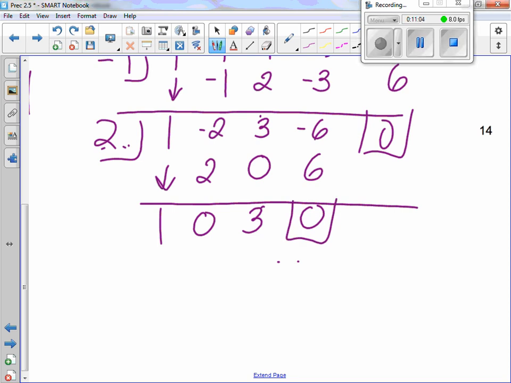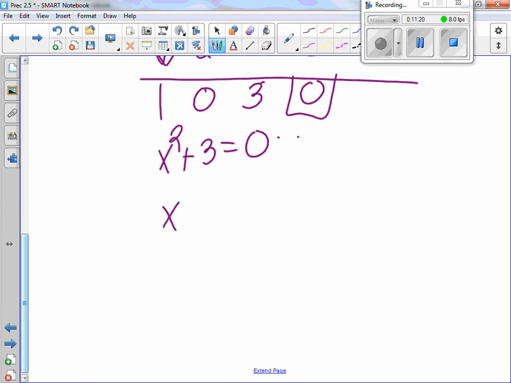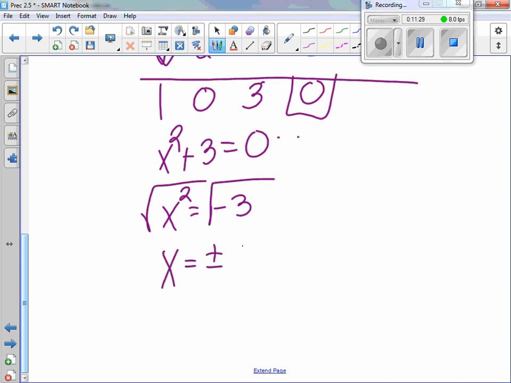And I normally continue to do this until we get a quadratic. So really what I have is x squared plus 3 equals 0, now I can solve. So x squared equals negative 3. X is equal to plus or minus what?